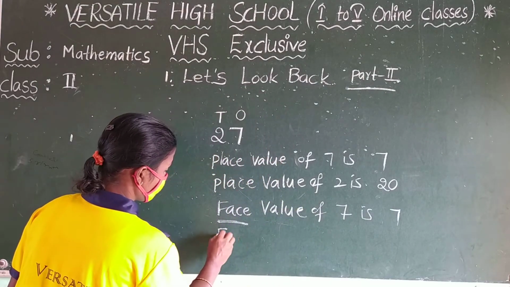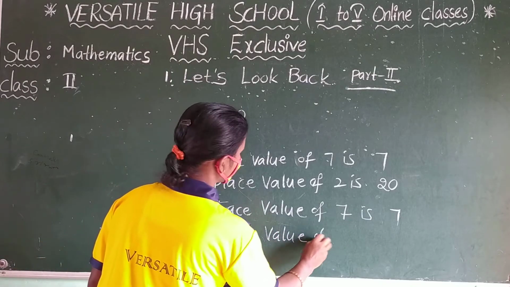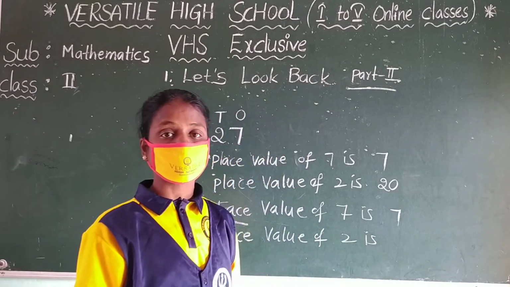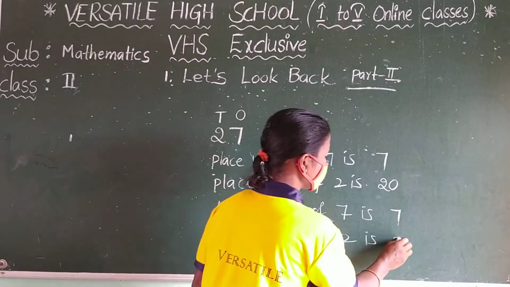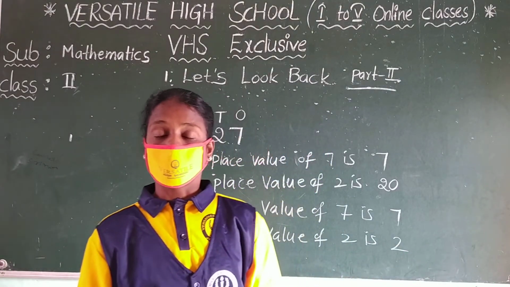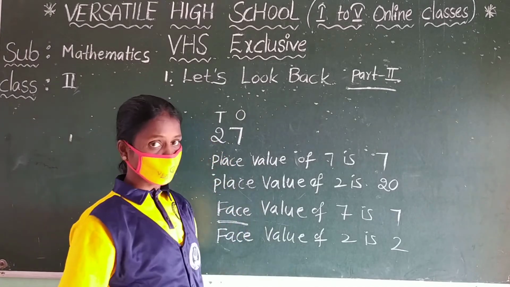Now another one, the face value of 2. What is it? 2. Don't multiply it, even though it is in the tens place. You write the digit only.